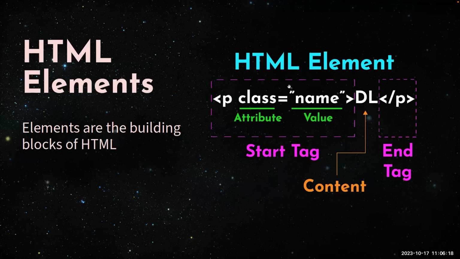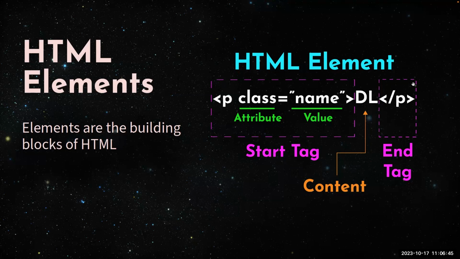So let's break it down a little bit to understand it some more. Elements require a starting tag. That's this caret. In this case, it's a P for paragraph, and then this closing caret. There's some attributes and values, which we'll go through in a little bit. But a starting tag is just the caret, that indicator of what type of tag it is, if you want to include attributes and values, and then that closing one.